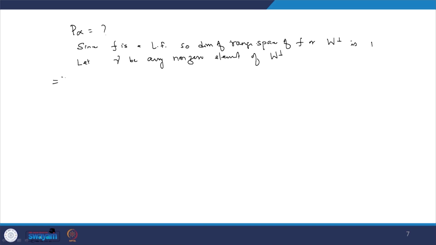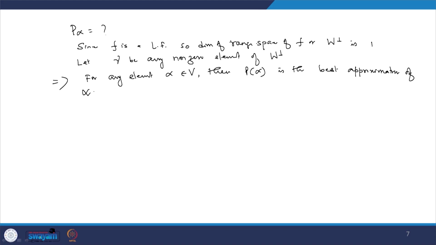So, this implies for any element alpha belongs to V, the orthogonal projection P alpha is the best approximation of alpha in W complement.